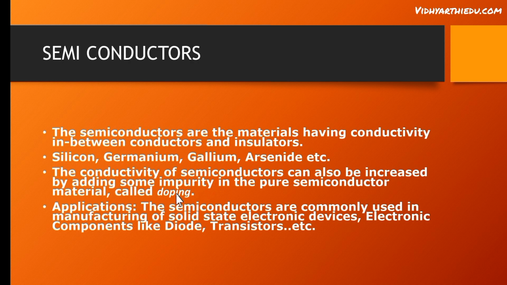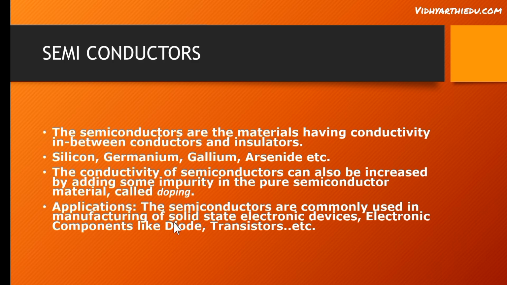So the addition of some chemical substance or chemical compound to the semiconducting material to increase the conductivity, we can call this addition doping. We can increase the conductivity of semiconductors by adding some chemical substances or some metals, and we can call these metals the impurities.